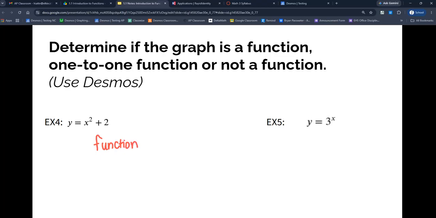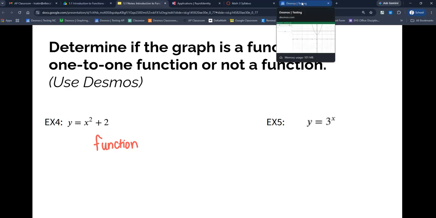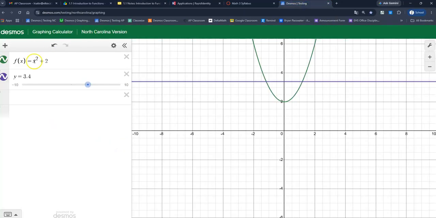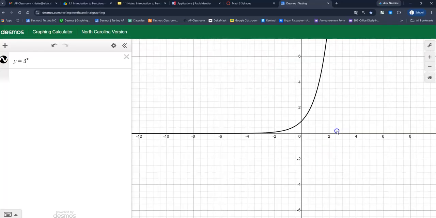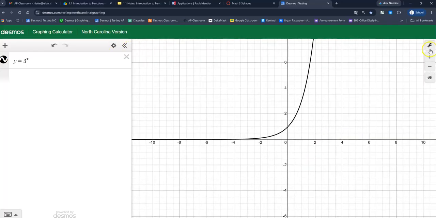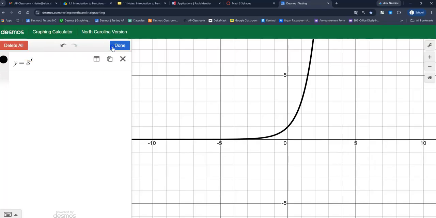Now, this last one's tricky. y equals 3 to the x. Let me type that one in for you. Okay, so this is an exponential function. Let's change the color to orange.